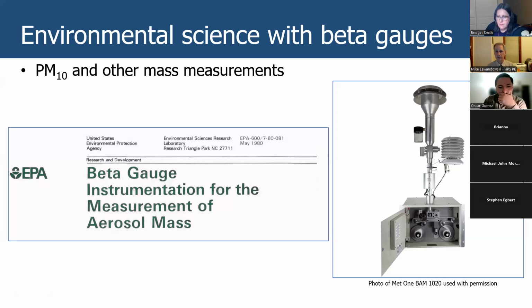So this particular device uses a small chlorine 30 or carbon 14 source, microcurie levels of carbon 14, and things like a fiberglass film in a roll where the thickness or the amount of attenuation caused by the clean filter material is measured, and then air is pulled through that filter material, and aerosols are deposited on that filter material, and then that coated filter material is measured again, and the mass of the material which has been deposited on the filter is measured.